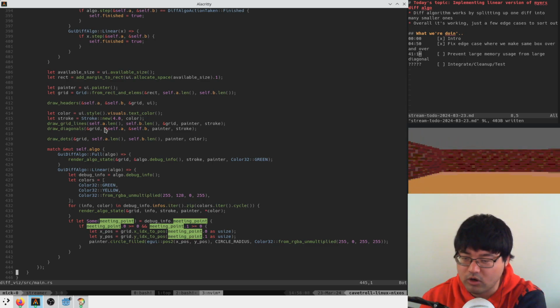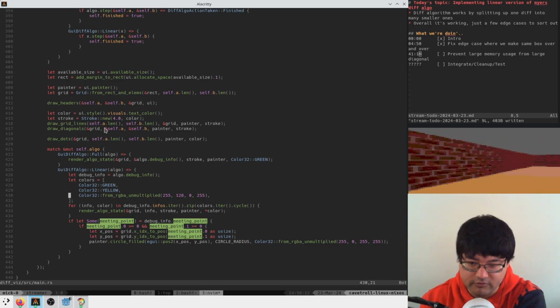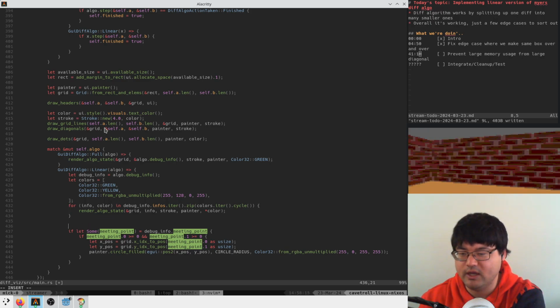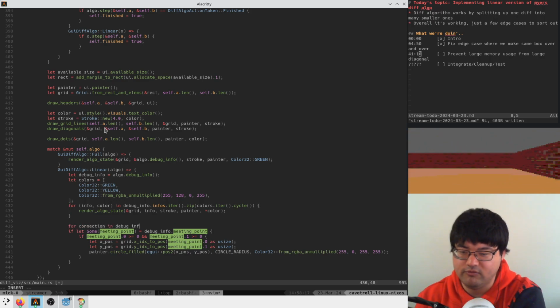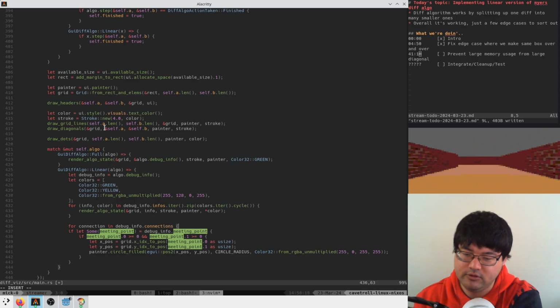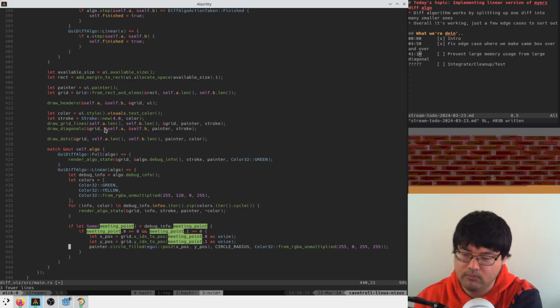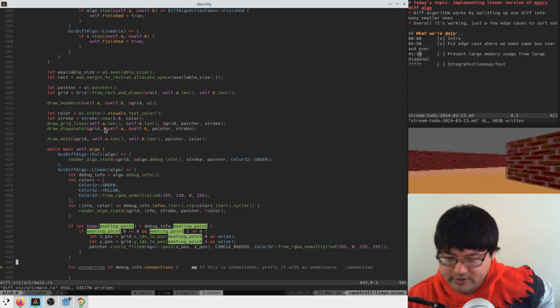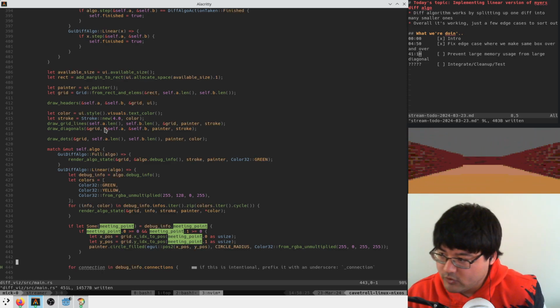And when we're drawing our linear debug info, we can just say for connection in debug info connections, we draw some line. I guess.